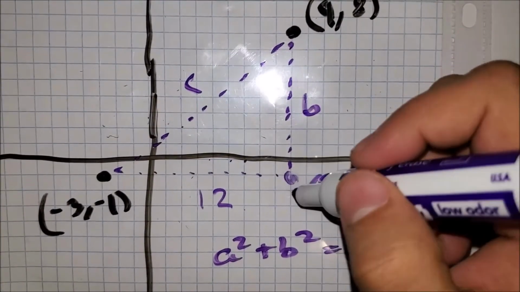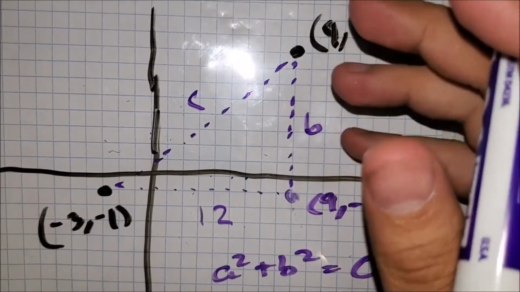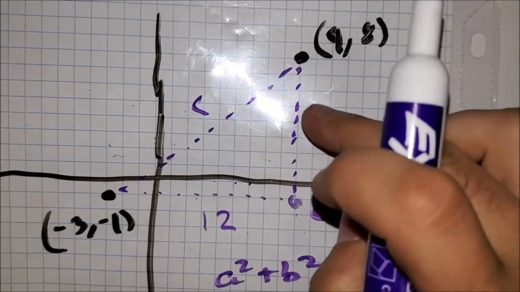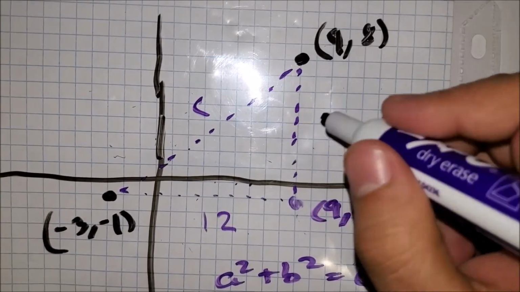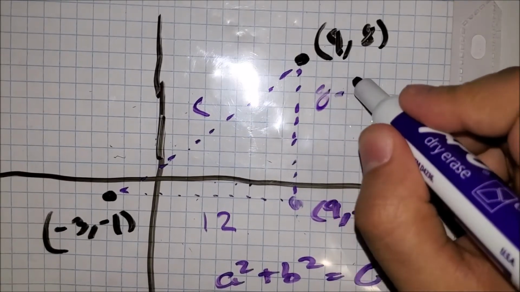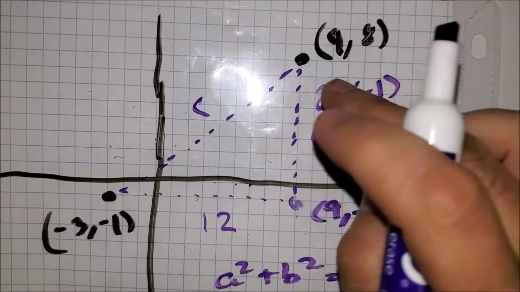Next, we calculate the height distance, the vertical distance, or y distance. We go from negative 1 to 8, so that's 8 minus negative 1, which is the same thing as 8 plus 1, which equals 9.